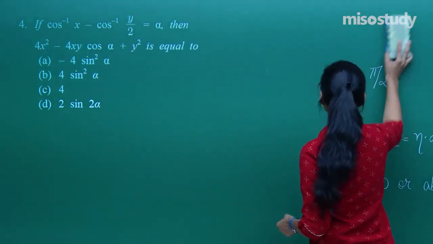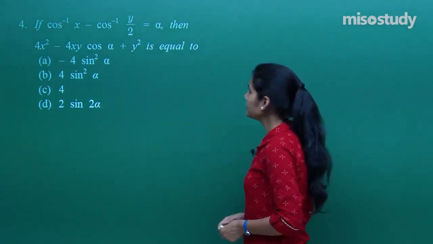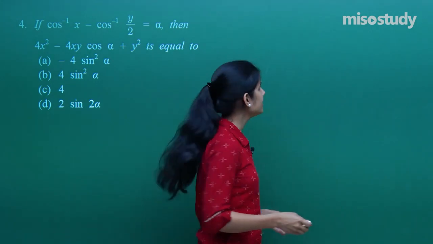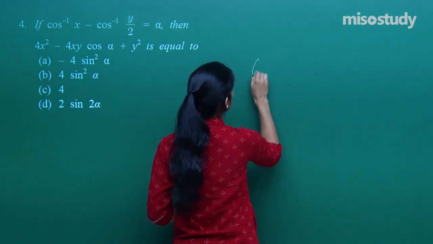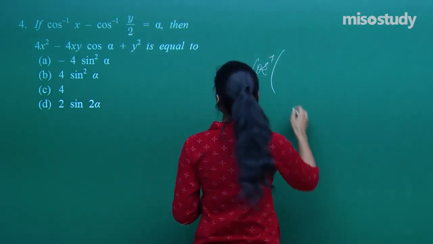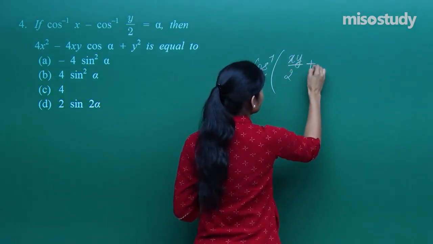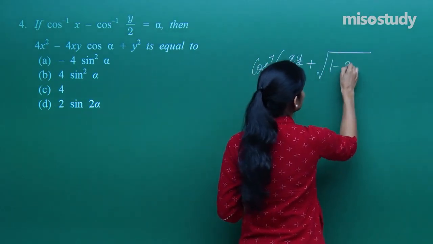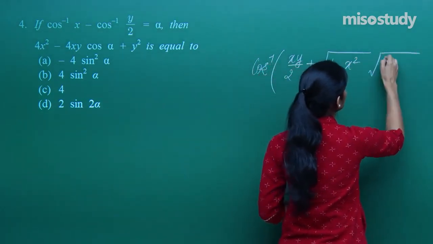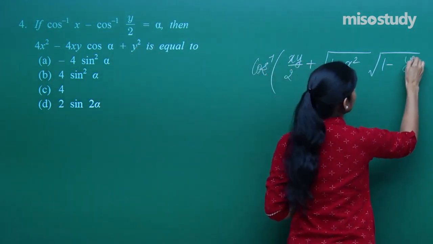Next question says that if cos inverse x by 2 minus cos inverse y by 3 is alpha, then what is this value equal to? Let's see. Cos inverse x minus cos inverse y, well, what is this equal to? Cos inverse of xy by 2 plus under root 1 minus x square into under root 1 minus y square, which over here is y square by 4.